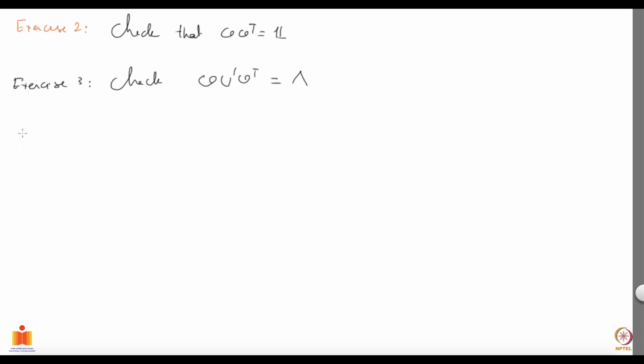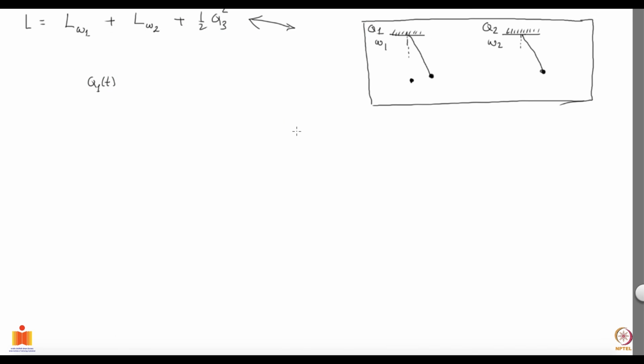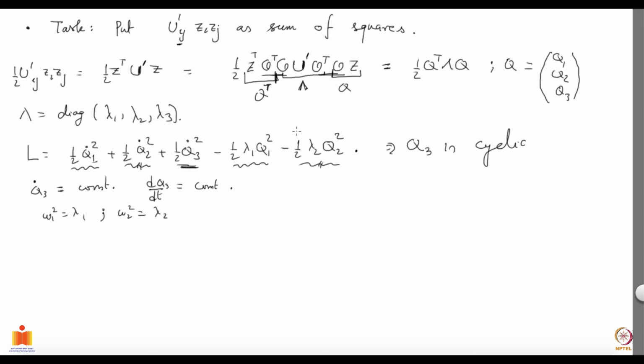Now let's look at the normal coordinates. Okay, we wanted to know what Q is in terms of our x1, x2 and x3, and that's easy to find out because your Q is O times Z, where Z is the column vector containing Z1, Z2, Z3. Let's go back and see that. Somewhere here I should have written it. Yeah, here. You see the Q is O times Z, right?